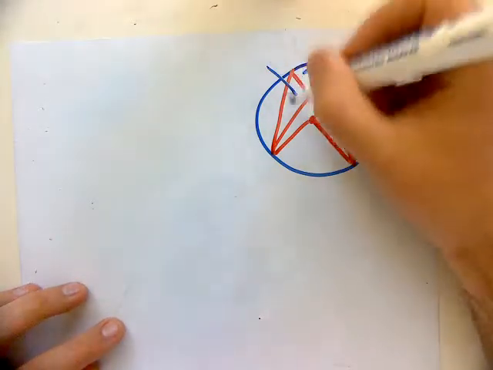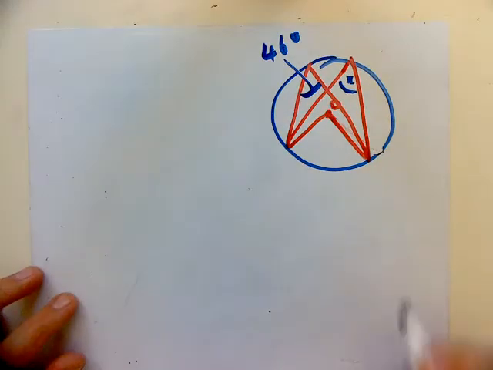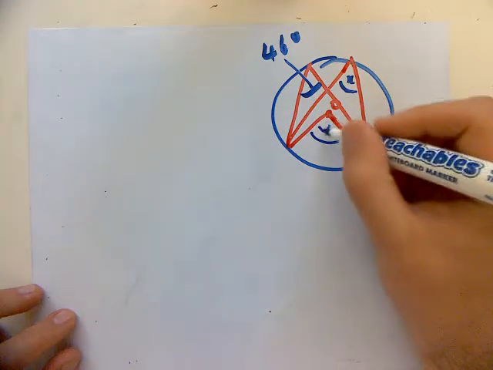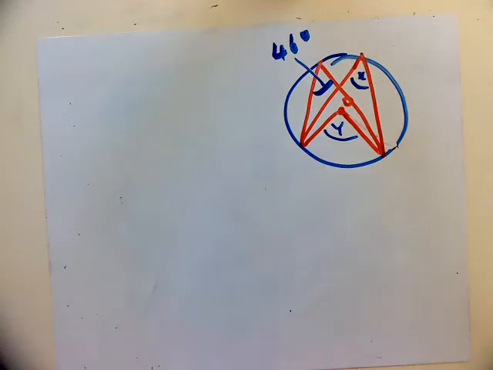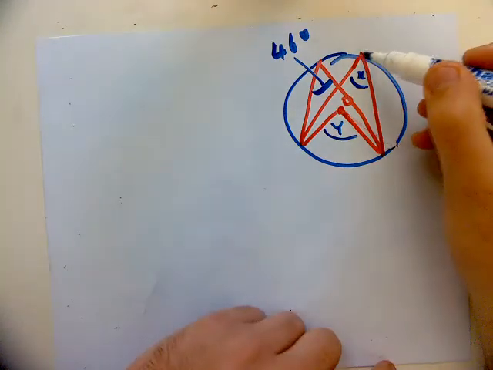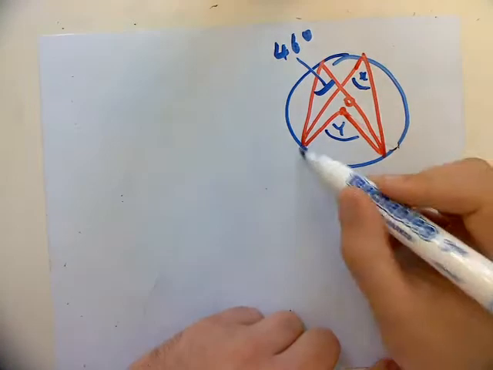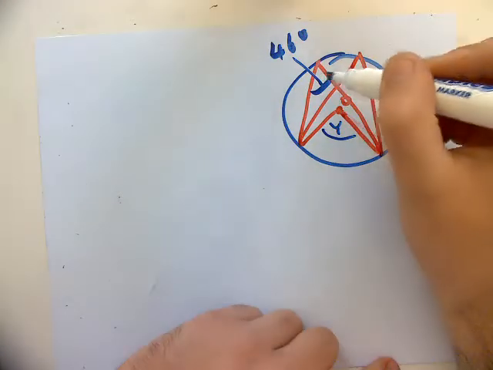Let's say this angle in here is 46 degrees. Now, if I wanted to find out what all of these were, let's also include a little y down here, we just have to look at our little theorem. So first things first, let's deal with this X, okay? Now, we notice that this X is on the vertex of the circle, and it stands on this arc down the bottom here. Now that's the same as this 46 degrees.